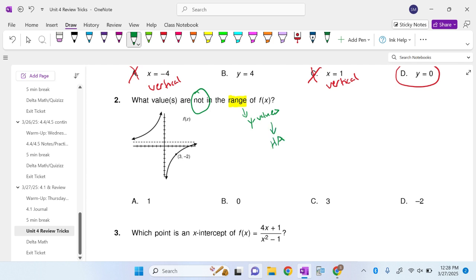Where's that horizontal asymptote at? 1. Now they try to throw you off and give you a point that suspiciously looks like a hole, but since this is not an open circle, it's not a hole. So we go based off of the horizontal asymptote, which is at y equals 1. So what's the only y value that cannot be in the range? Boom.